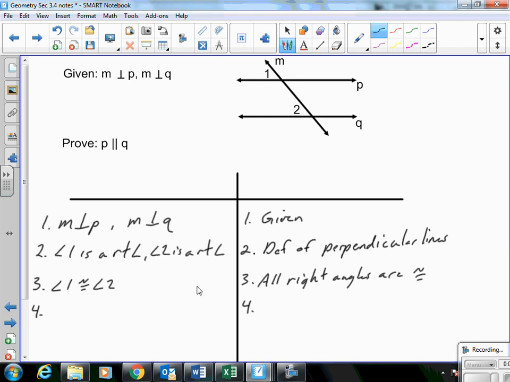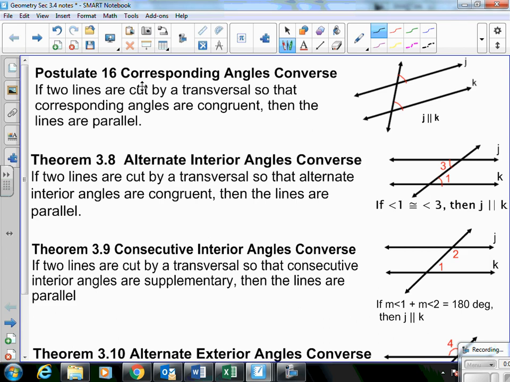And so if these two angles are congruent, since based on their placement we know that these two angles are corresponding angles, and we've got two corresponding angles that are congruent, then we can go back to this postulate right here, postulate 16. It says if two lines are cut by a transversal so that the corresponding angles are congruent, then the lines are parallel.